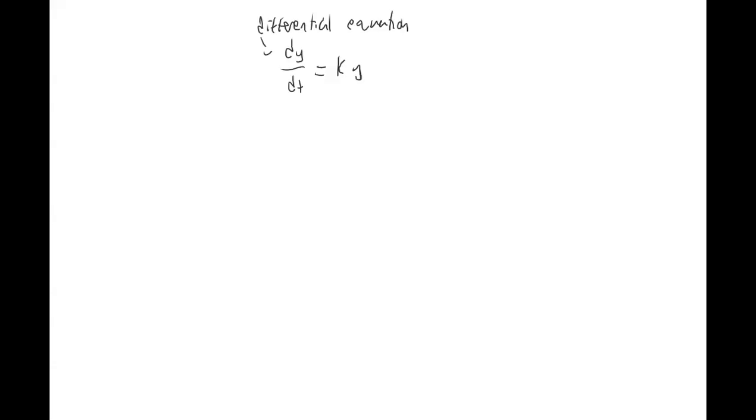An easier one would be this. You all know this one. If it's just itself, what's the solution? What functions do you know where when you take the derivative, you get the same thing back?